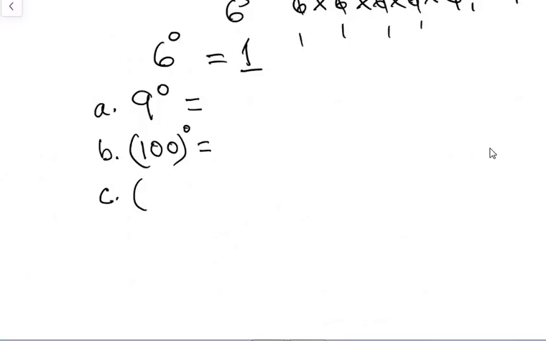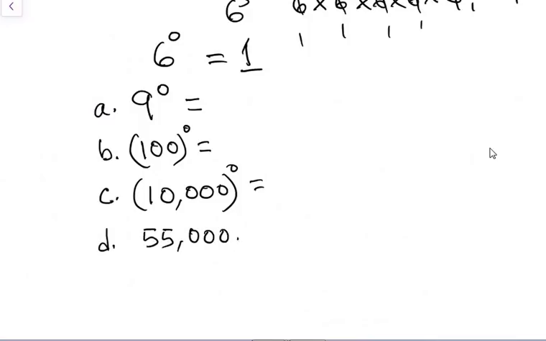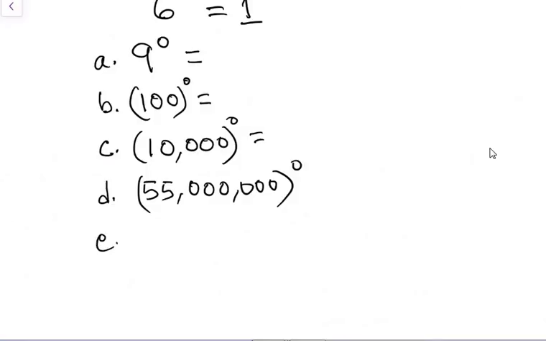And I'm going to increase it to 10,000 raised to the power of 0, what would this be? I'm changing it now to 55 million raised to the power of 0, what will it be? And 1/8 to the power of 0, what would this be?